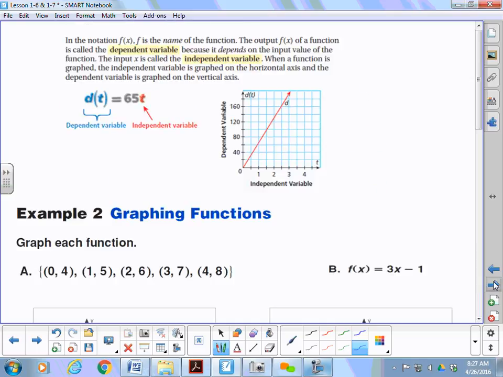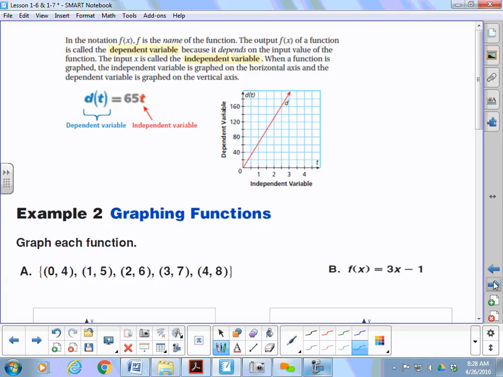Graphing. In the notation f of x, f is the name of the function. The output f of x of a function is called the dependent variable. So f of x is the dependent variable. X, that variable inside the parentheses, is the independent variable. Here's an example. We have d of t equals 65t.